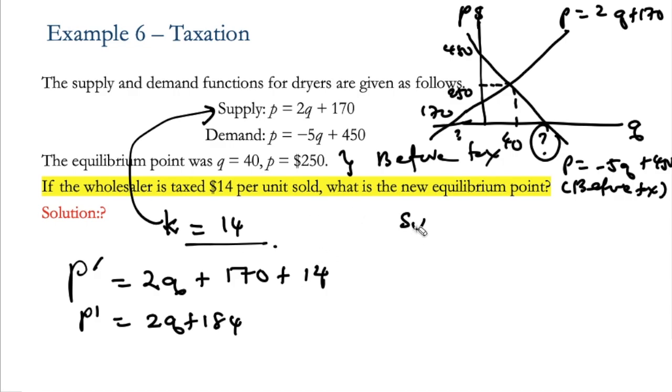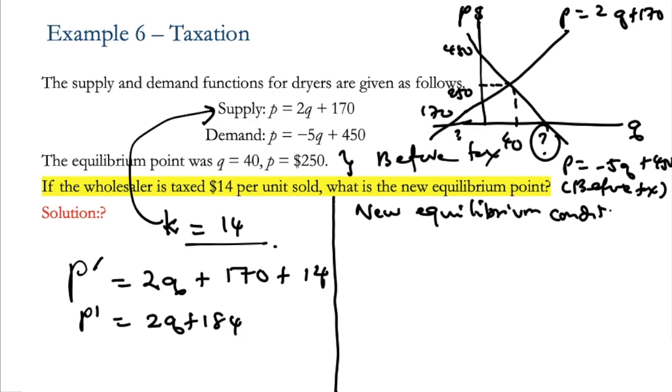Alright, let me erase this so that I have more space to show you. Now, to answer the question, we need to find the new equilibrium. How to find the new equilibrium? The new equilibrium condition is basically given by the new price on the supply side, P prime, equal to the demand here, the same demand.